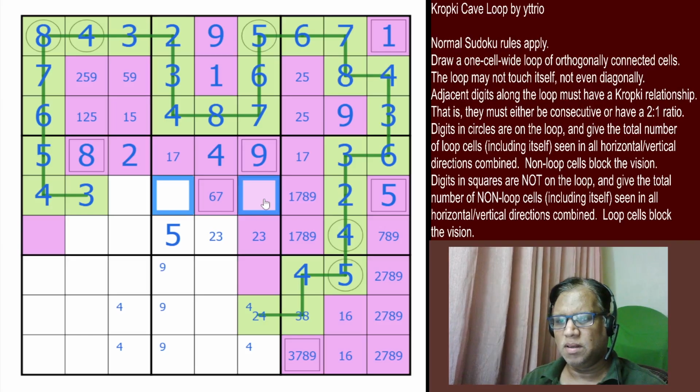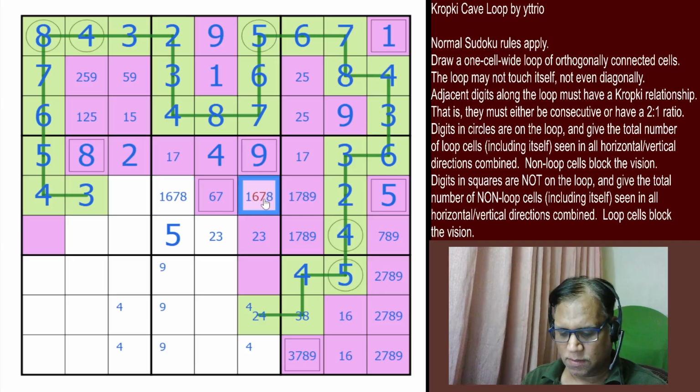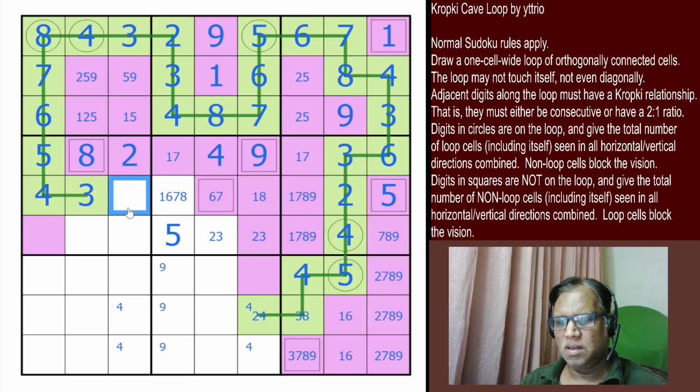What is remaining? 1, 6, 7, 8. And that's not 6, 7. That's 1 or 8, right? 1, 2, 3, 4, 5, 6, 7, 8, 9, 1. Right. 1, 8, 6, 7, 1, 6, 7. 2, 3, 2, 3, 6, 7.